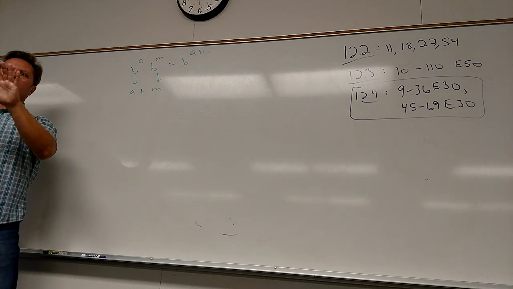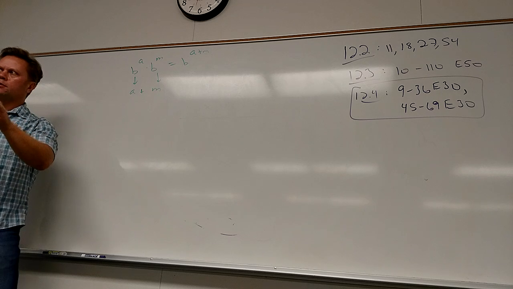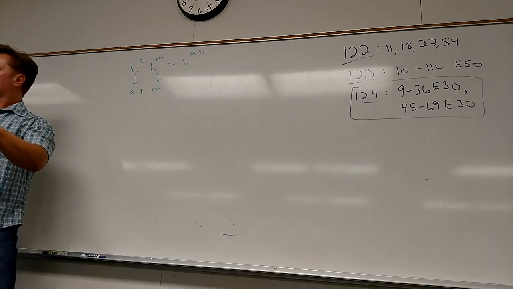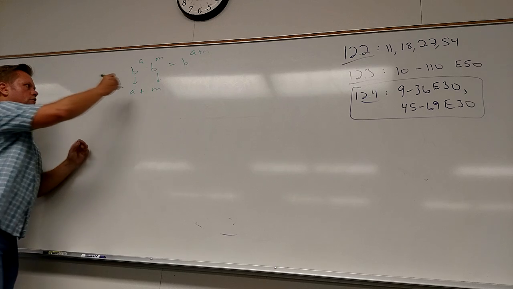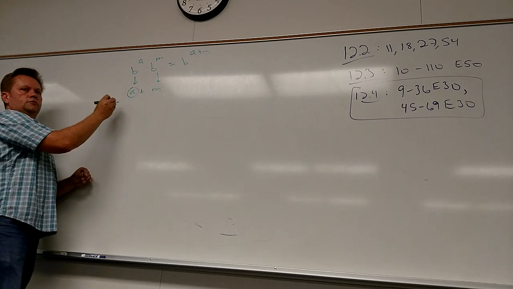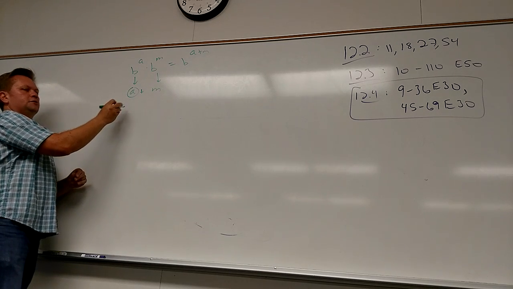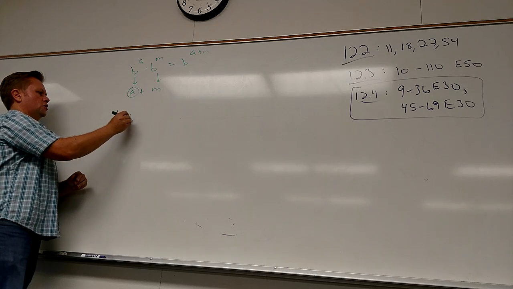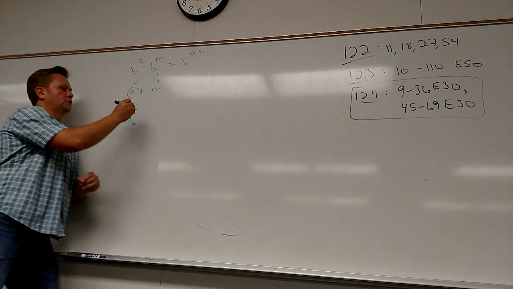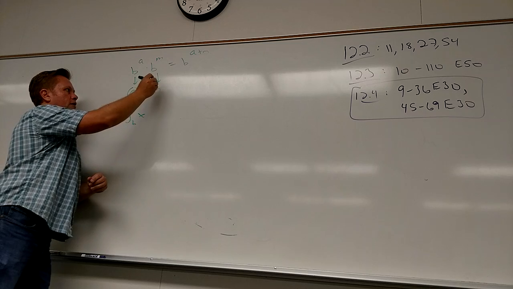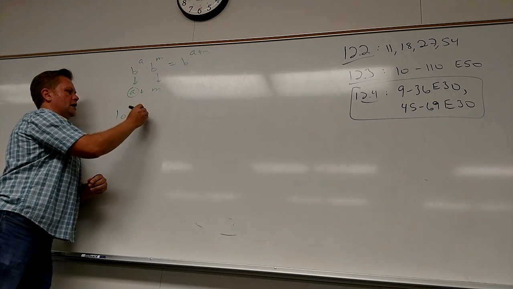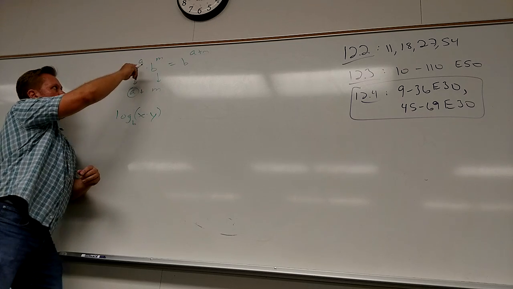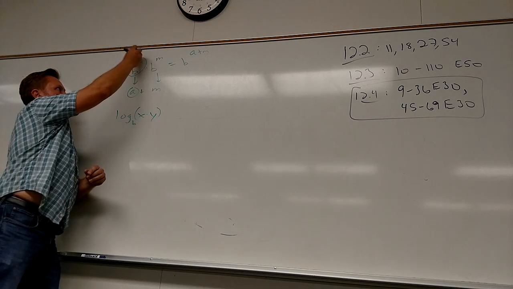Now watch. What does this look like in logarithmic form? This can be represented as log base b of something, and this would be times something else. So this is b to the a, b to the m. This is like x, this is like y.